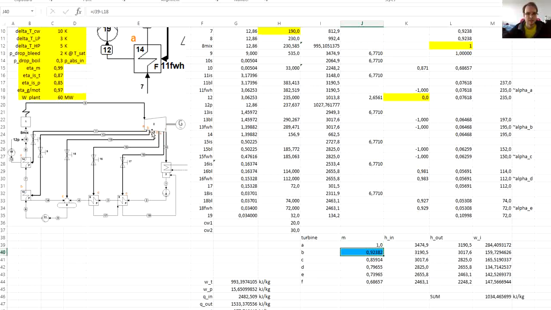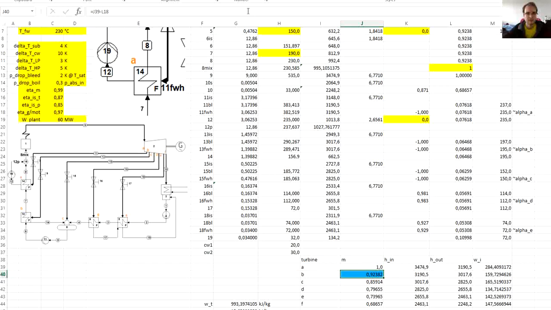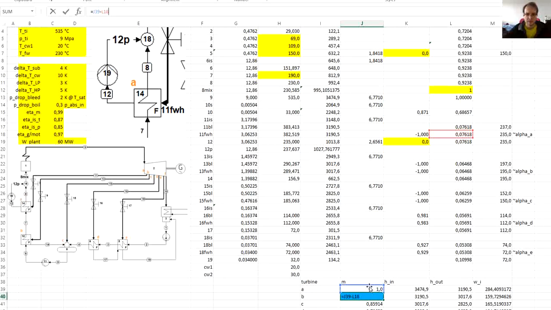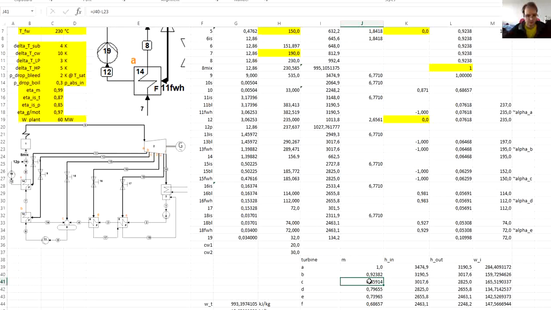Mass flow rate at point B stays as, now we have it J39, yes, inlet is 1 minus alpha A, which is correct. Also the previous mass flow rate minus the changed turbine bleed, it goes on.